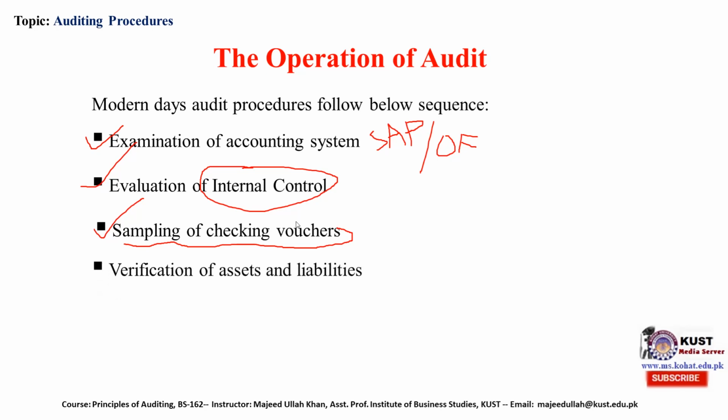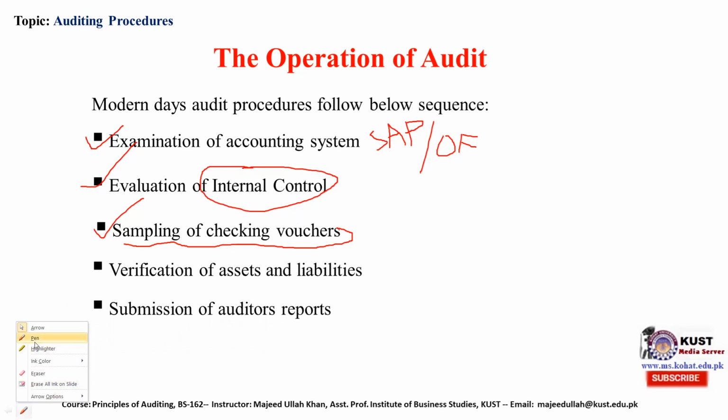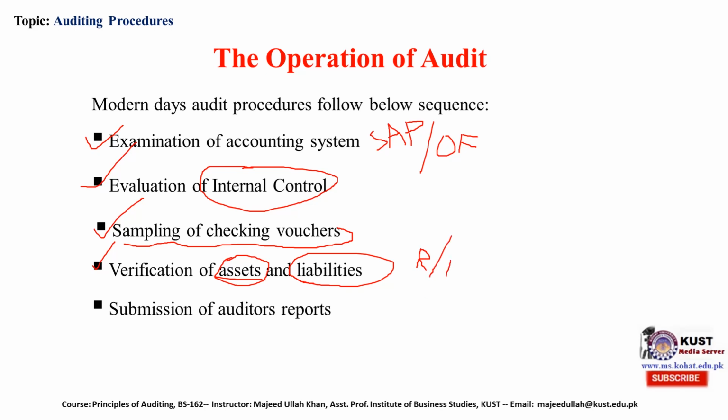After this, the auditor will perform verification of two things, assets and liabilities in the balance sheet. These items are checked for verification, along with the other two, revenue and expenses.